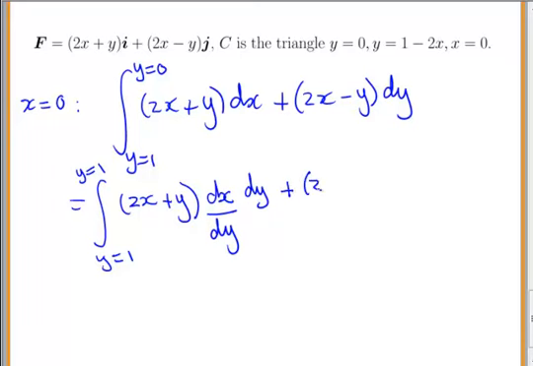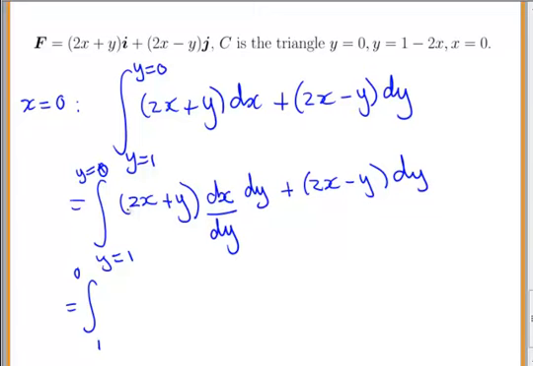And the second term we can leave unchanged. We'll now go back and put in the values for y and for x and dx by dy. So we're going from 1 to 0, and I'm noticing a little error up there. I've got a 1 where I mean a 0.